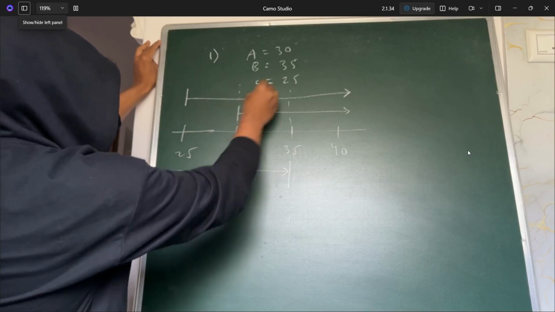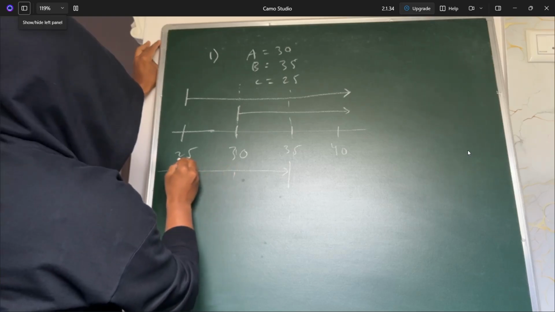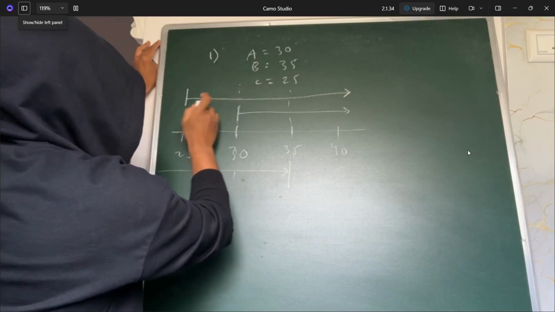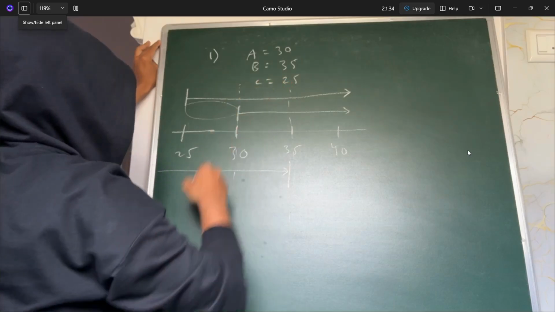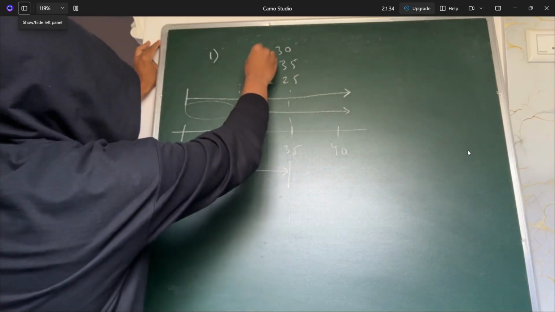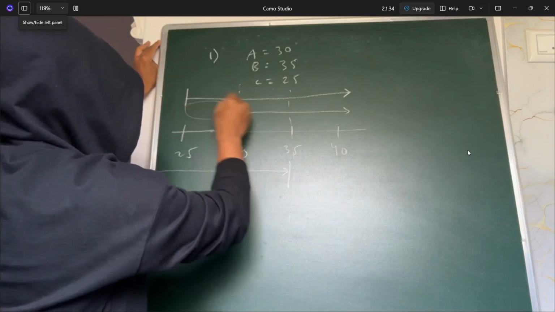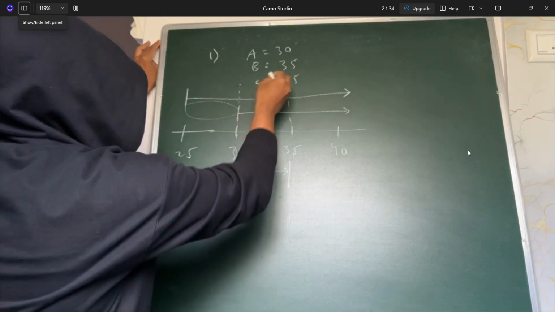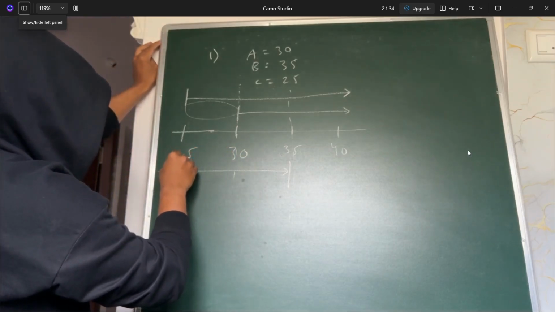Charlie is saying from 25, so that is fine, but Alice is saying from 30, so this block will not be satisfied for Alice. If you take care of these two, this is the minimum condition that has to be there. Alice is saying minimum of 30 and Charlie is saying minimum of 25.